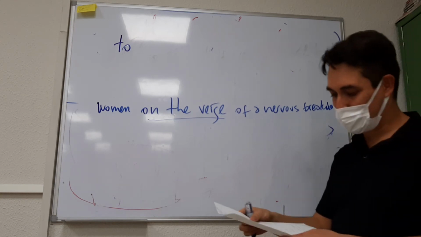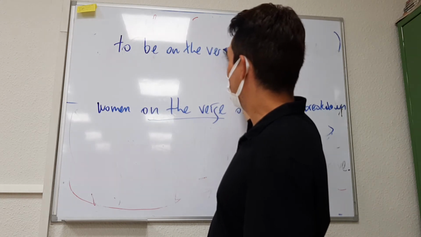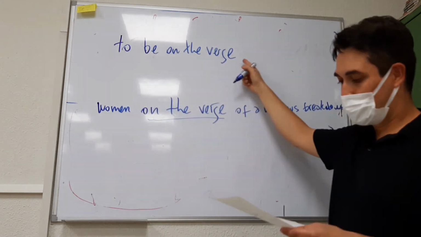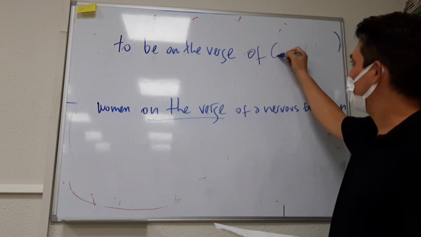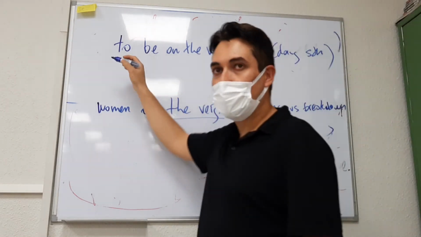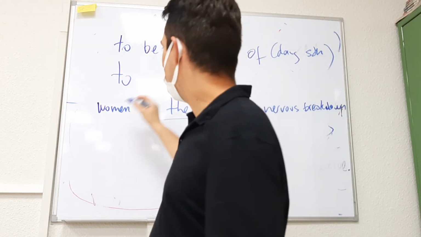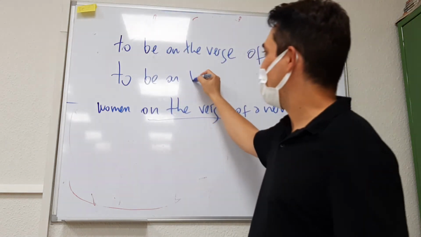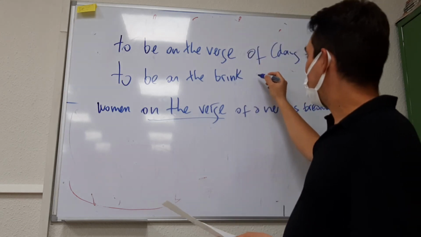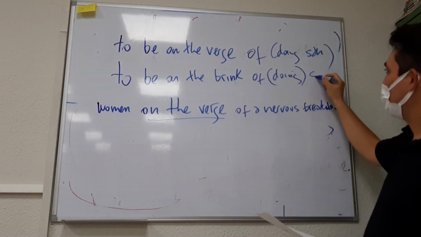So I want to teach you the expression to be on the verge. This is to express very near future. To be on the verge of doing something. And the other one is, what did you say before? Just a second ago. To be on the brink of doing something.